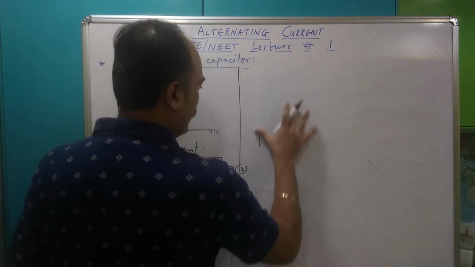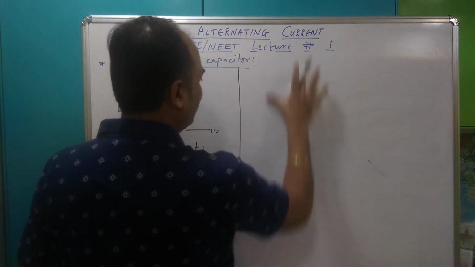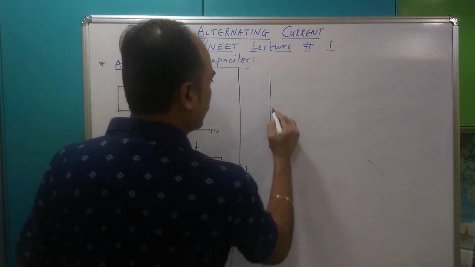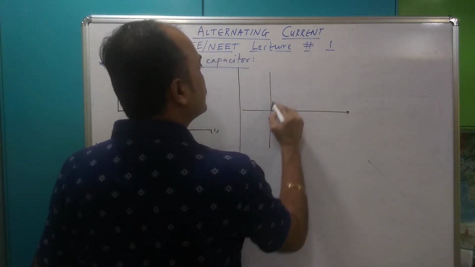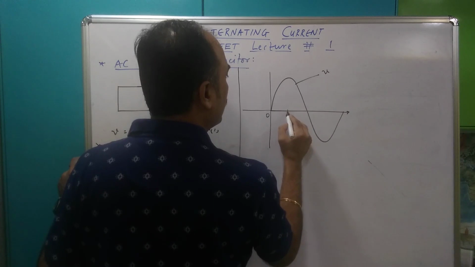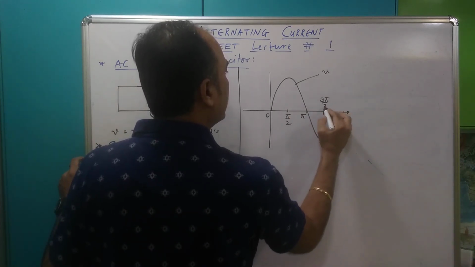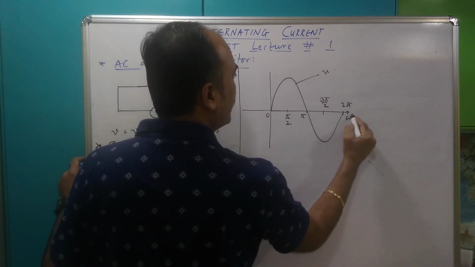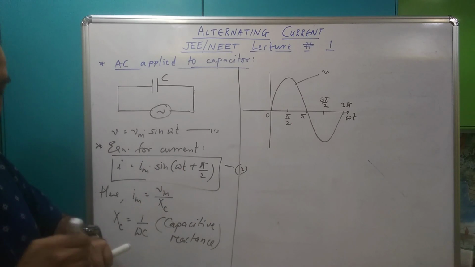Current is in lead, isn't it? This is voltage, by the way. 0, pi by 2, pi, 3 pi by 2 and 2 pi. This is omega t. And you can see that current is leading voltage by an angle of pi by 2.